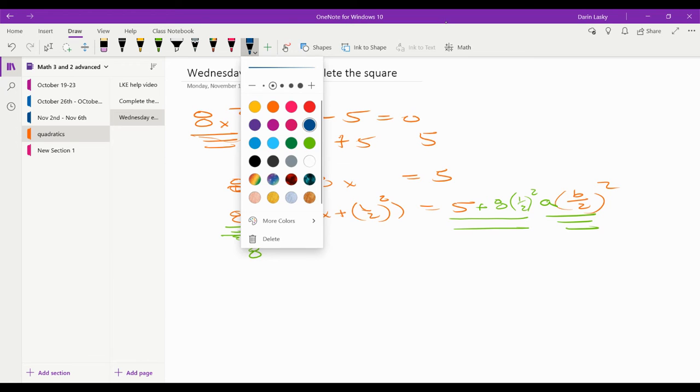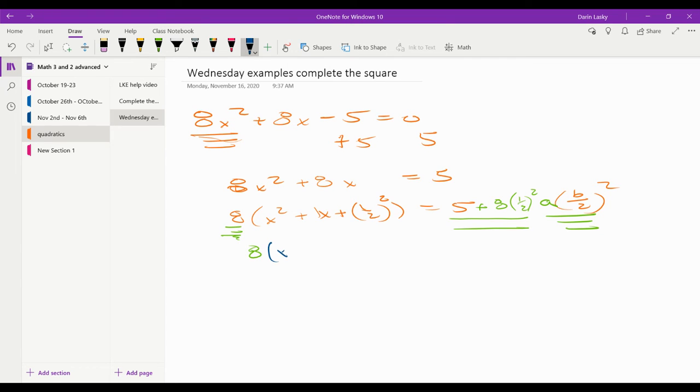I'm going to go back to blue here, and I have x squared plus 1x plus 1/2 squared equals 5 plus 8 times 1/4. Okay, because 1/2 squared is 1/4. Now, if I multiply this out, 1/4 times 8 is 2.